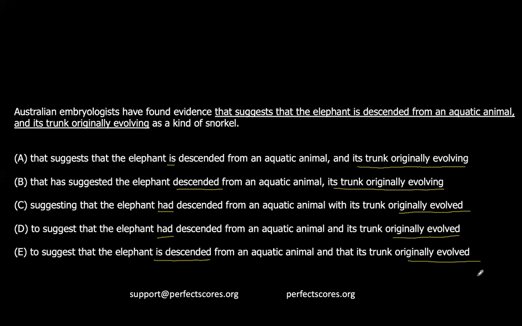Would be, you think B? Okay, Australian embryologists have found evidence that has suggested. So in B, do you think it's correct? Do you need the "has"? No, but I prefer it because of the "descended." You think "descended" is correct?